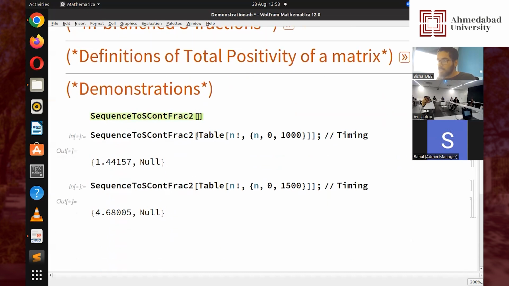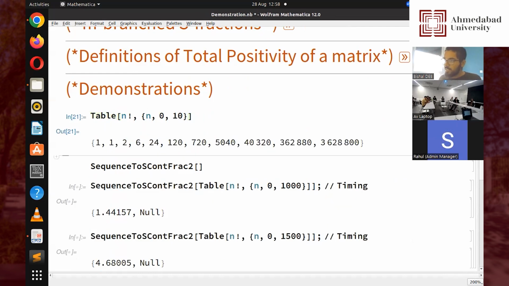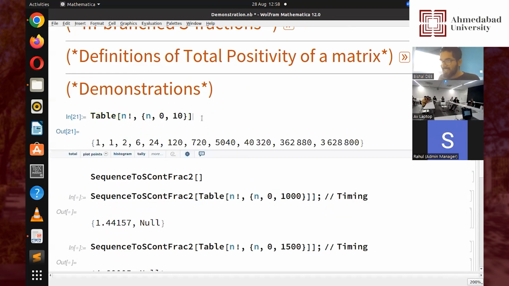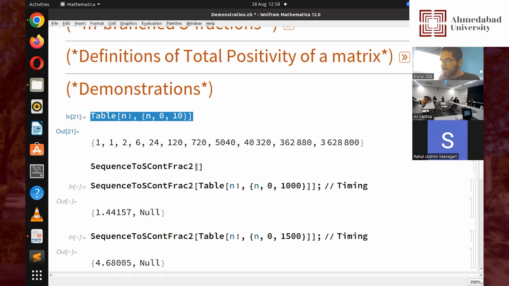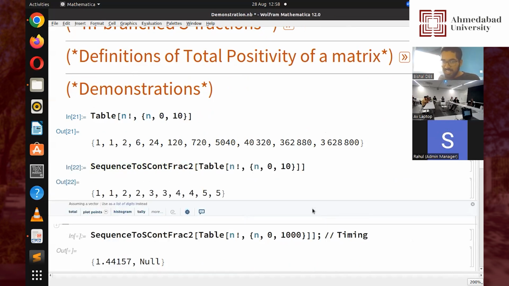Okay. First let me print out not the first 1000 terms, but the first 10 terms. I will just print the sequence n factorial. If I put this in here and compute it, it will give me the continued fraction coefficients, which I told you were 1, 1, 2, 2, 3, 3, 4, 4, and so on.